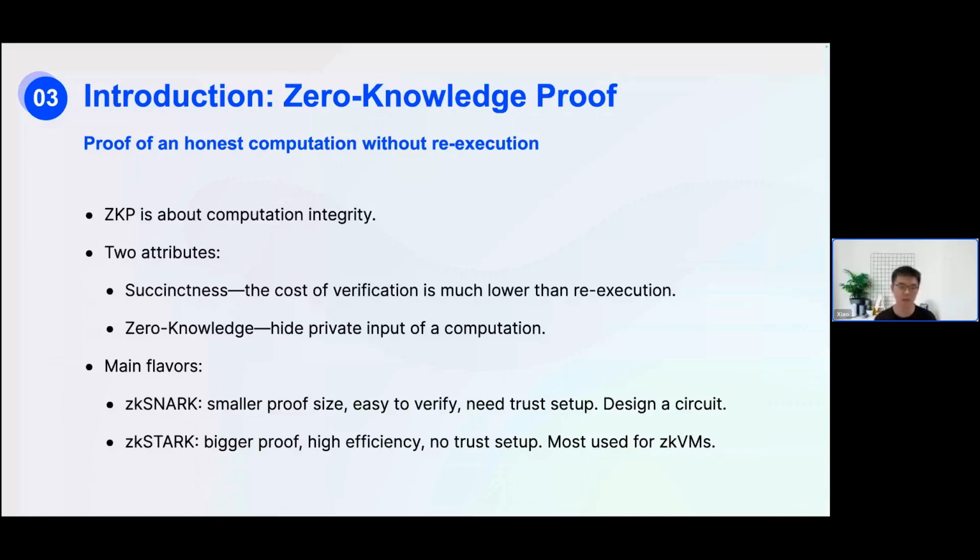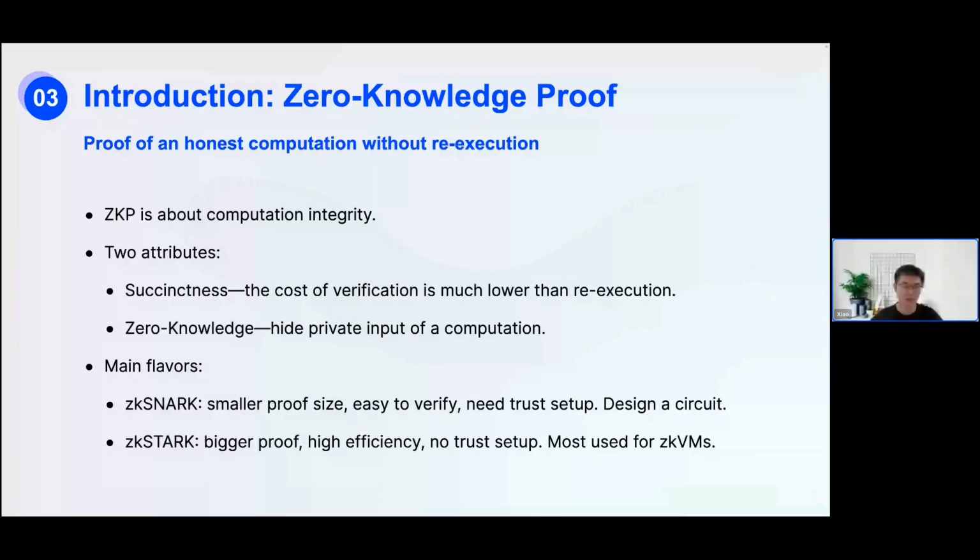The other feature is called zero-knowledge. It means that during this computation on other people's computers, they can hide certain things from me. For example, they can have some private input in their computation. I can't see it, but they can still prove to me that they have run a correct computation. In this way, you can hide certain values in your computation and thus preserve the privacy of this computation.